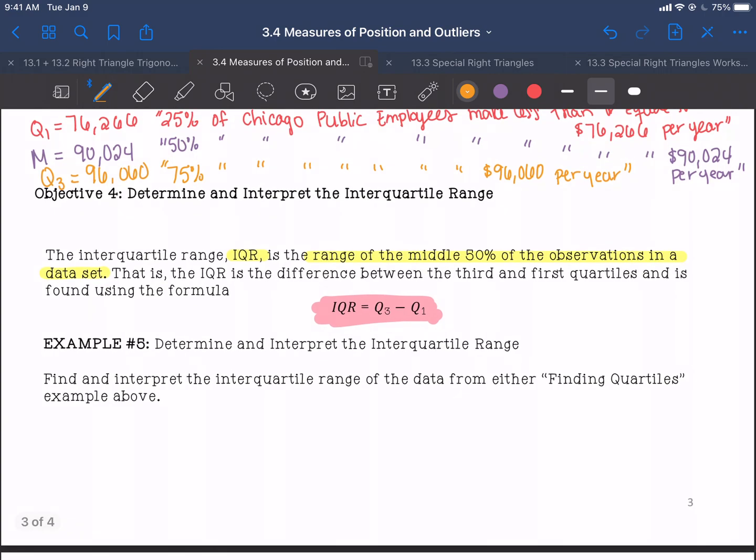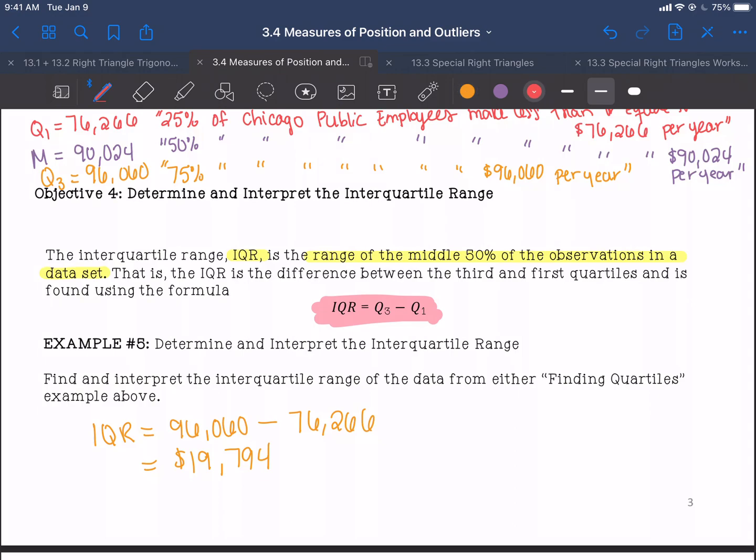So from the Chicago salaries, the interquartile range would be the third quartile, which is 96,060, minus the first quartile, which was 76,266, which is $19,794.